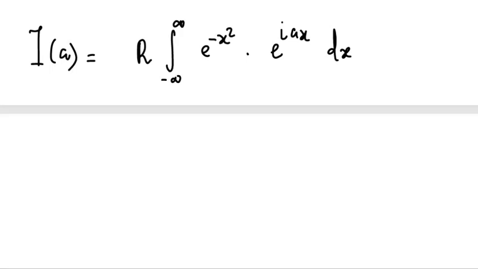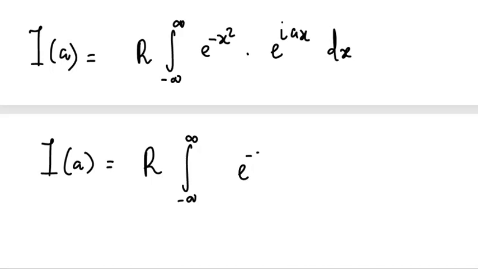So here, I of a is equal to the real part of the integral from negative infinity to positive infinity. The same base, we add the exponents. That gives us negative x squared plus iax, and here we have our dx.